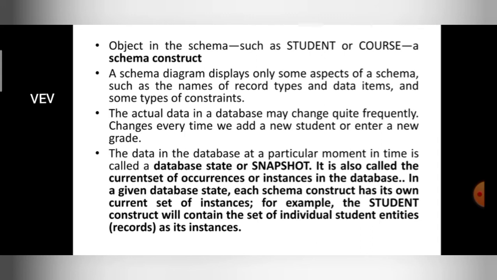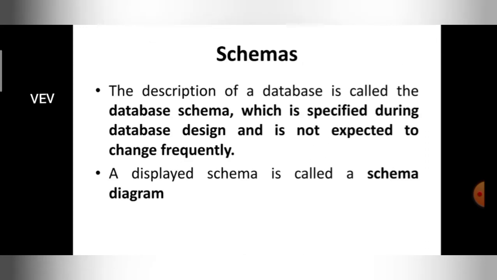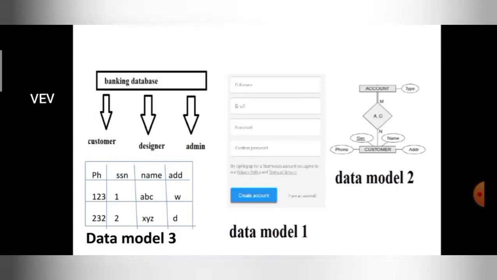Next. The data in the database at a particular moment in time is called a database state or a database snapshot. For example, whatever data is there in the data model at a particular moment, such as 1, 2, 3, A, B, C, X, Y, Z, W, D, is nothing but a snapshot of the database, right?